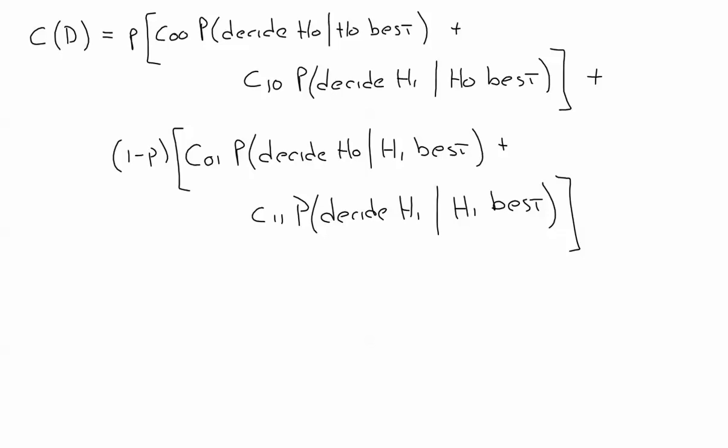All right. So C of D is the overall average cost of making a decision.